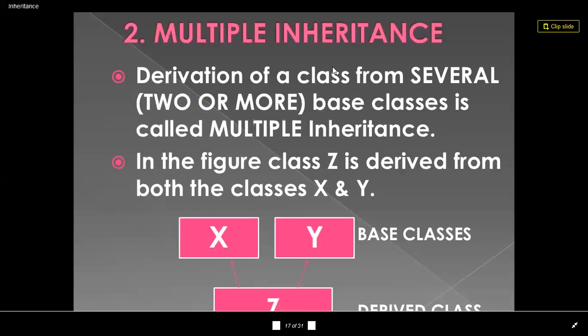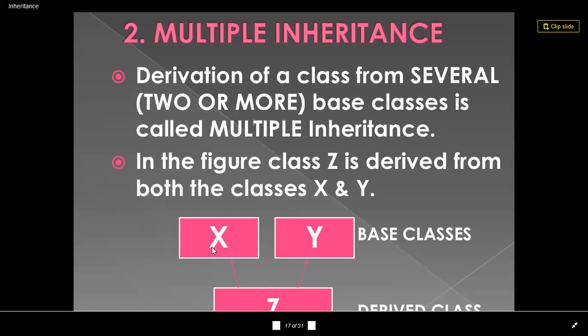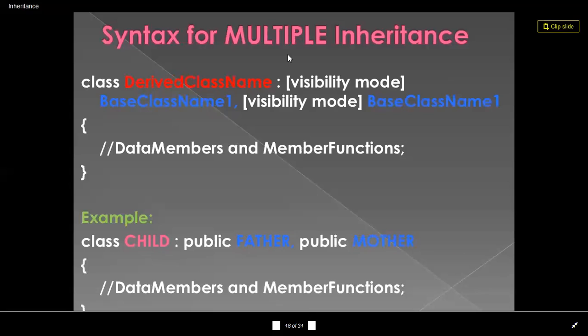Then we have this multiple inheritance. In the multiple inheritance, one class inherits from two other classes, or multiple classes. It can take three classes, but one class will be derived from multiple classes. That is a multiple inheritance. In the syntax, the basic structure is same: class, derived class name, visibility mode.